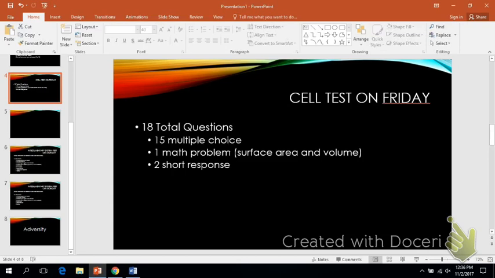So with that Venn diagram we did, or an H chart kind of, we listed things that eukaryotic and prokaryotic cells have in common, and ways that they're different. There will be questions on your test where I give you a chart, and it'll say cell A has these types of structures in it.